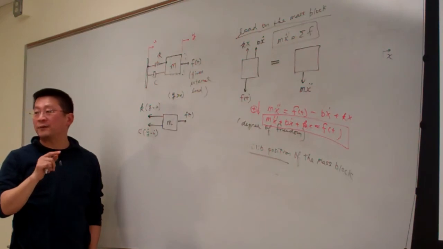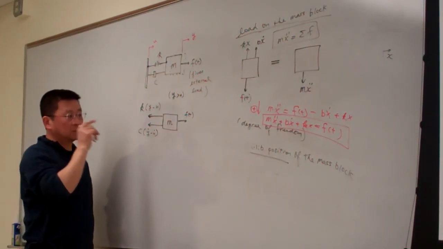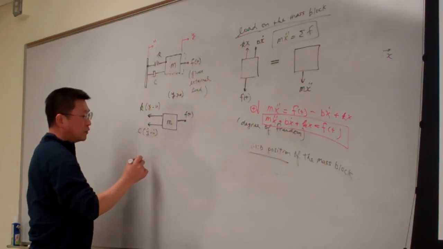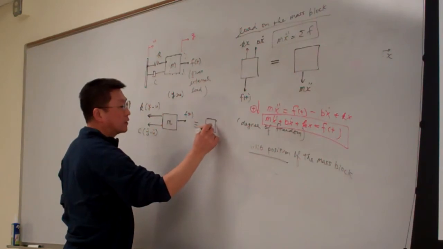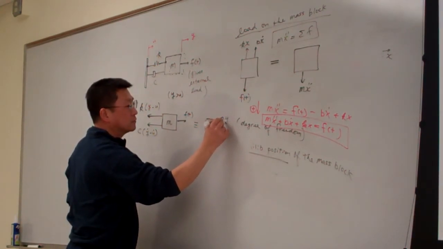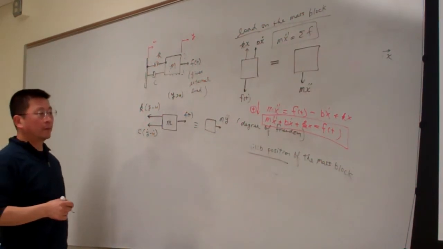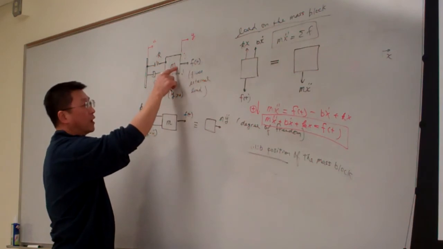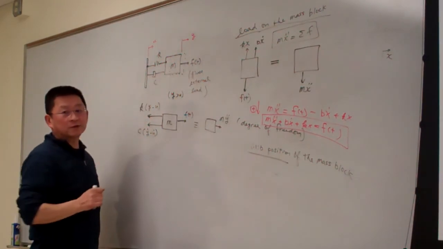So that is the reason I'm saying stick with your assumption, then make everything consistent. So this one will be equal to m y double dot. Okay, so that is Newton's law, because the mass m is going to have the inertial force m times its own acceleration, y double dot.